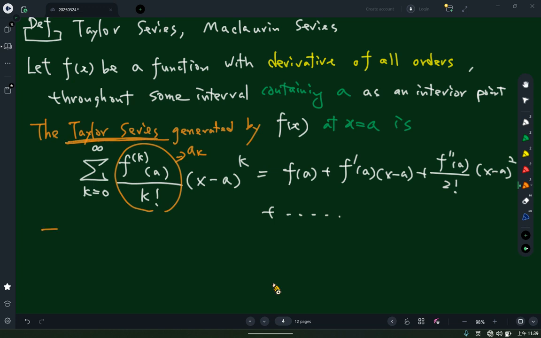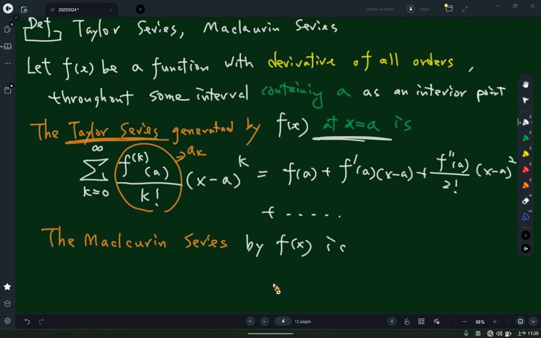And what is the Maclaurin series? Actually, the only difference is that it's almost the same as f(x), but this time we will not have this one.